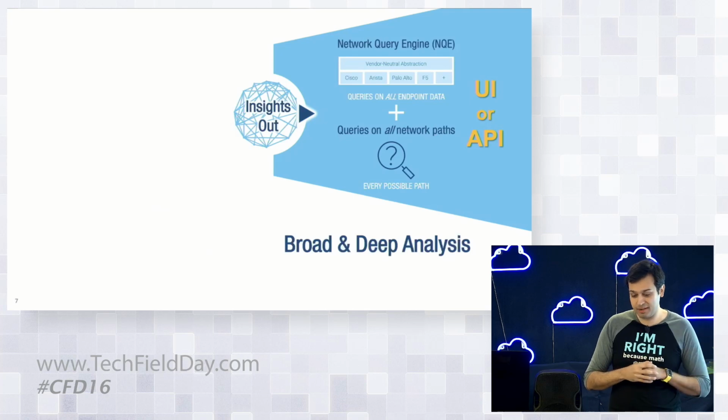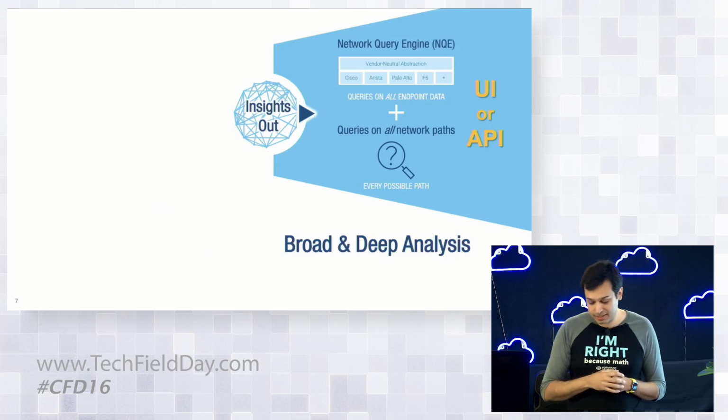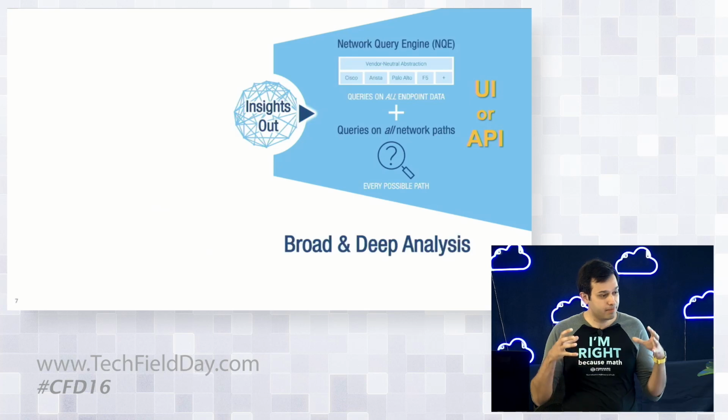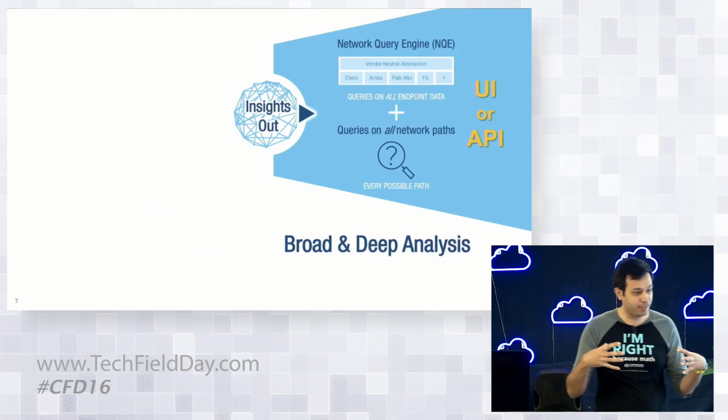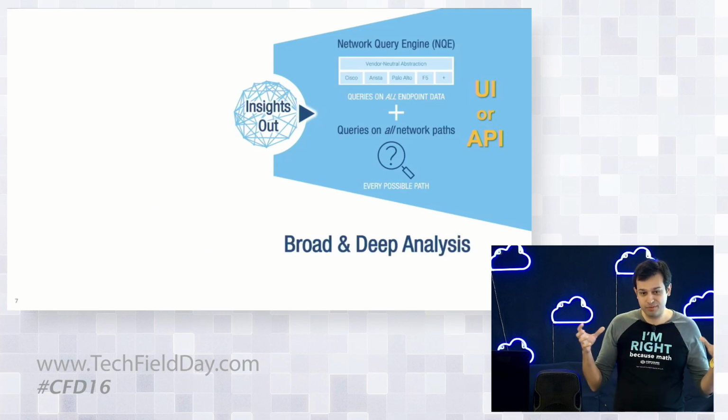So that's one aspect, access to the raw data that's parsed and normalized. The other aspect is what we have spent a lot of time building, and that's computing the path of all possible traffic through this hybrid environment. What does that mean? If you think about the network, there are several ingress points to that network.